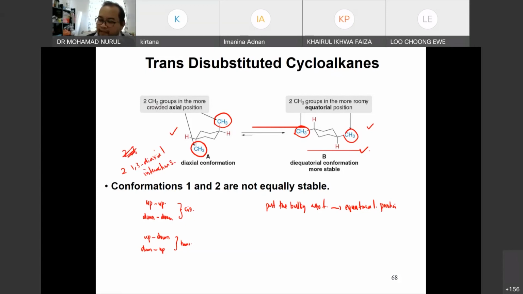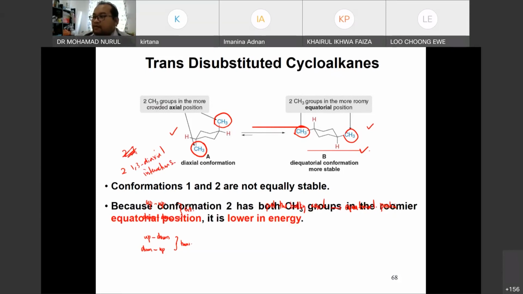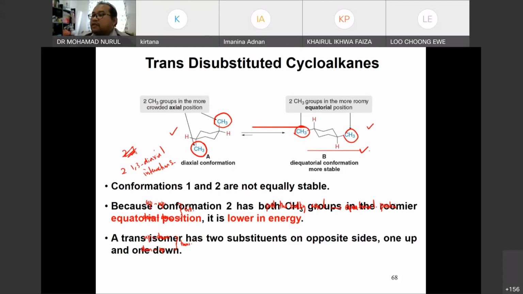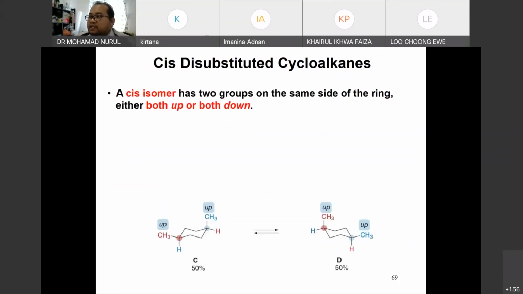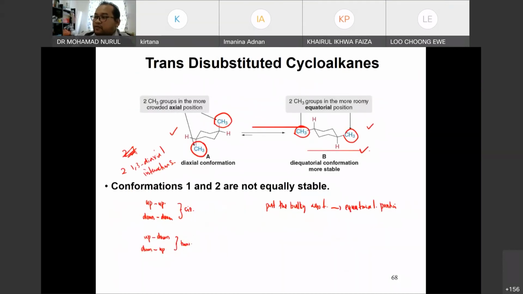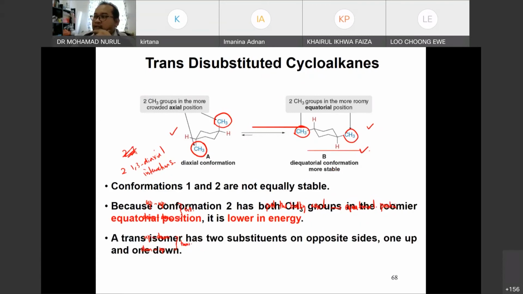Oh, sorry, it's already done some explanations here. So for the cis isomers, both up or both down. That's why I'm using up, down, down here. See this one. That's why I'm using this, very easy for you.